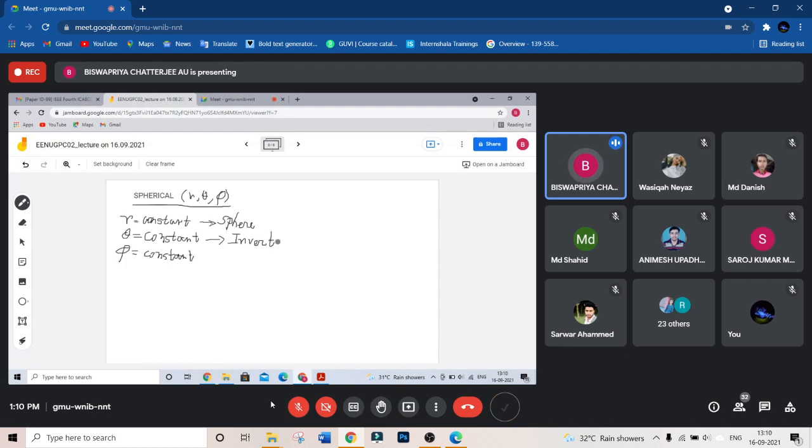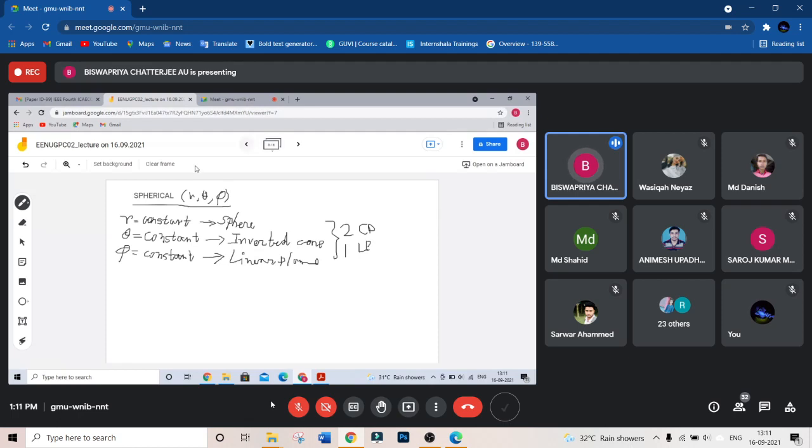And finally, if phi is constant, then it will generate a linear plane like previously.